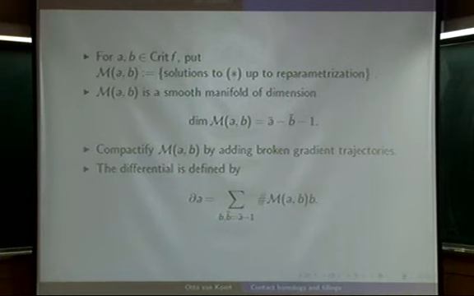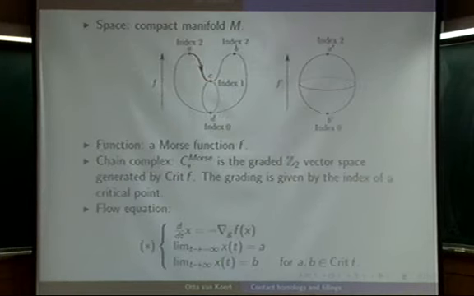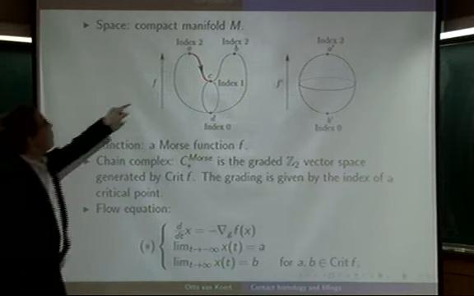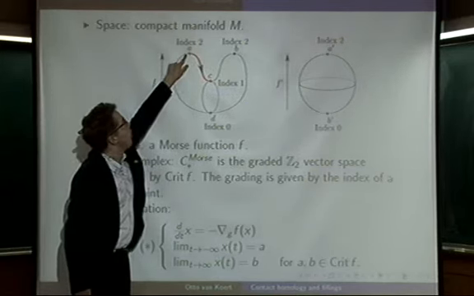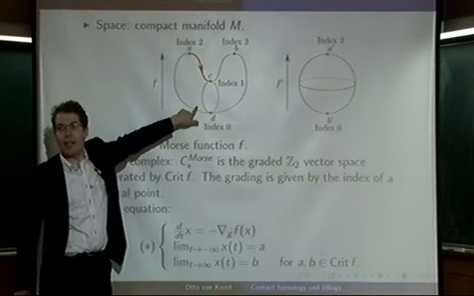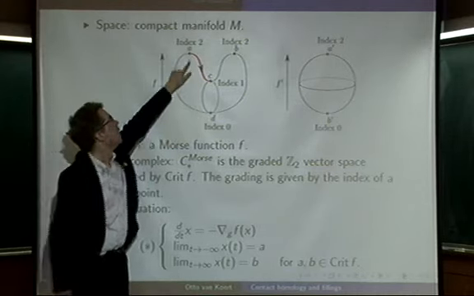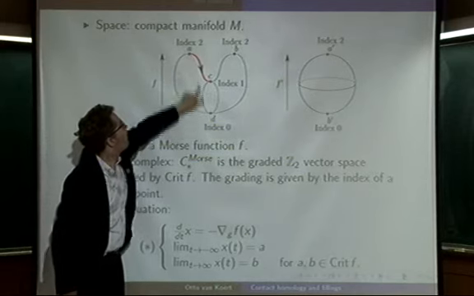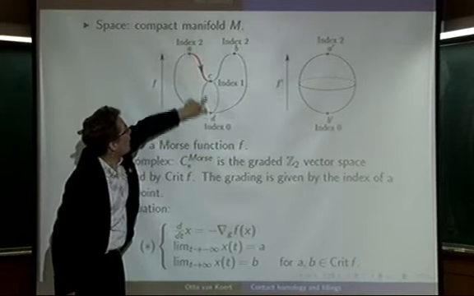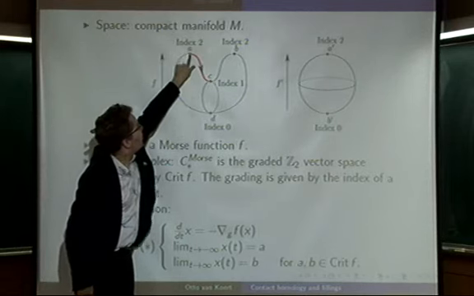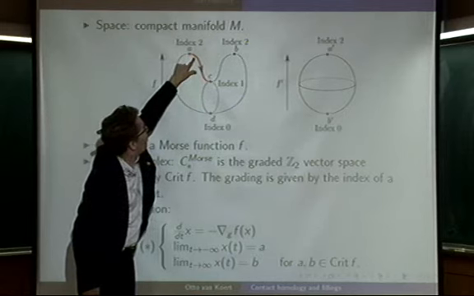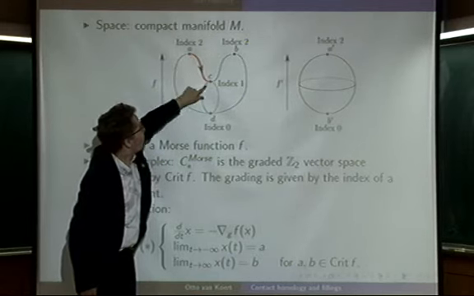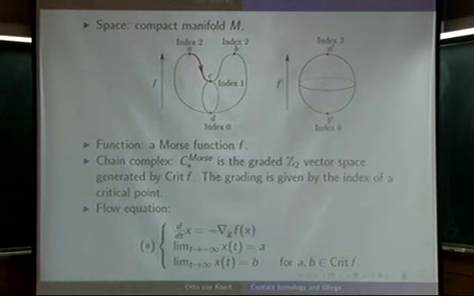Okay, now maybe I should go back to this picture. There's one problem though, and that is if I look at the moduli space of flow lines from A to D, then you see that it's actually not compact, because if you move a little bit more, then you go like this, and you see that if you move your point closer to this flow line, it starts to look not like one flow line but like 2 flow lines.